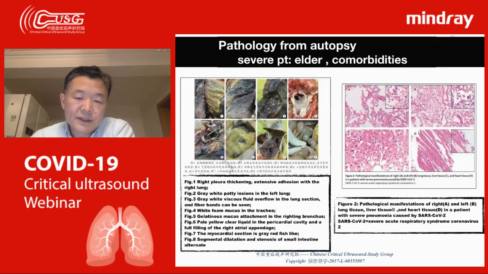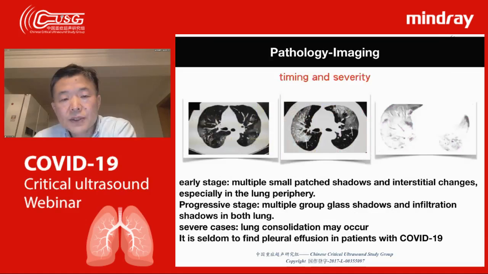And in the end stage, you maybe think about consolidations, pleural effusions, something like that. And I think the right side shows pathological manifestations of the lung tissue, liver tissue, and heart tissue, and shows us that this kind of virus can even damage other organs.